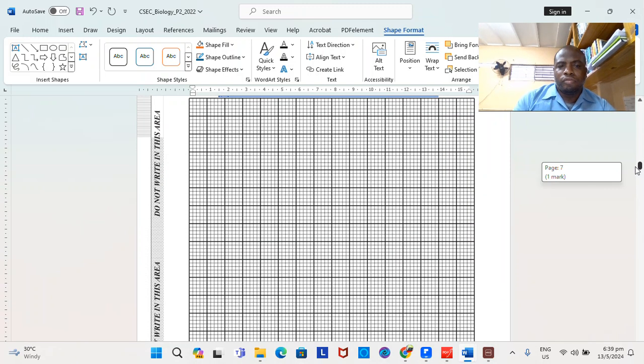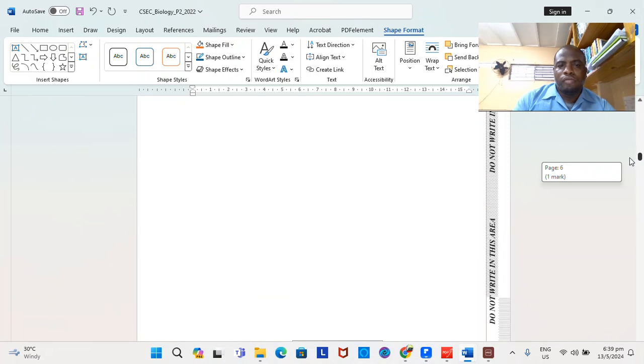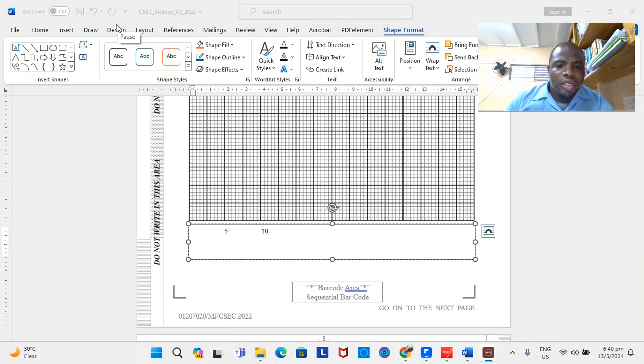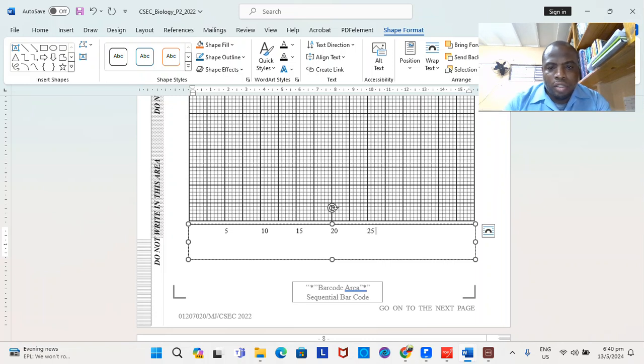No. So 2 centimeters to 5 days on the x-axis for the days. So 15, 20, 25, 30. So this is days.